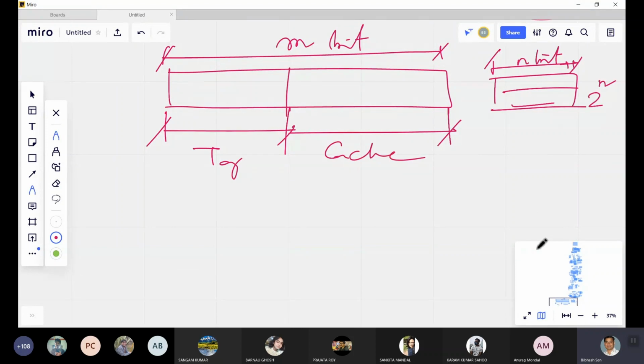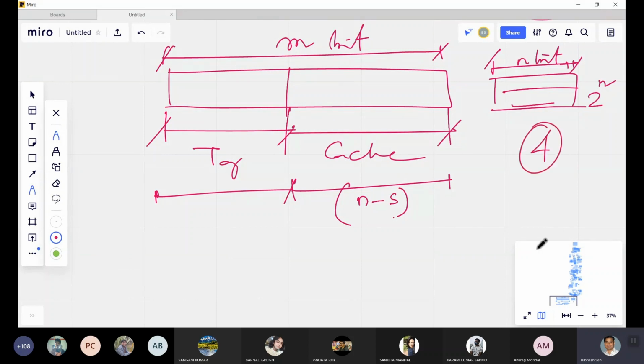So if there are sets, and n is the cache bits, and s is the set bits. Suppose I have 4 lines, that means n is how much? 2.